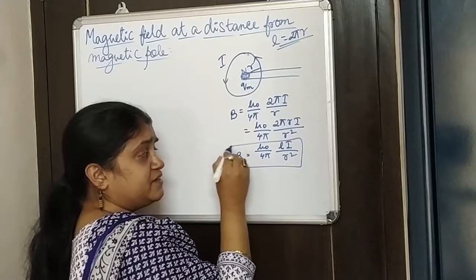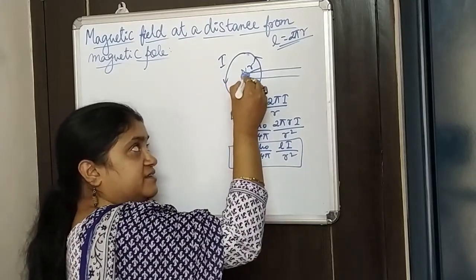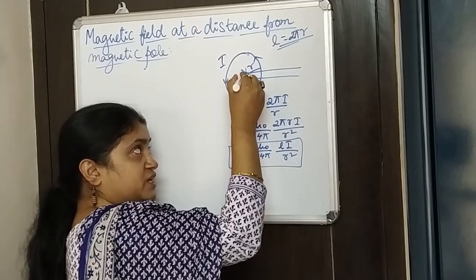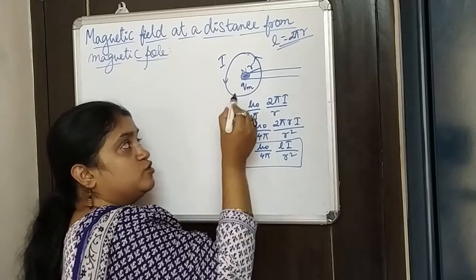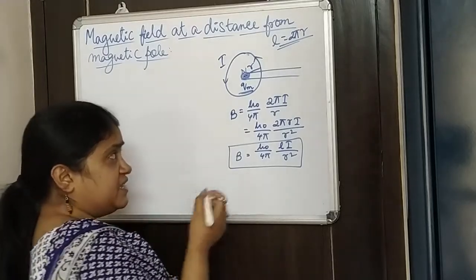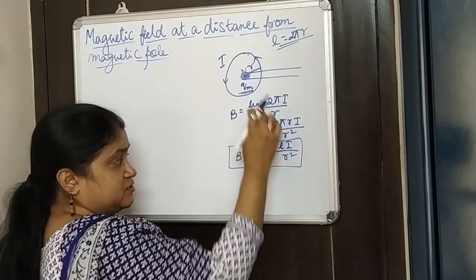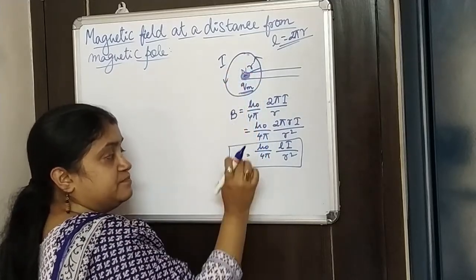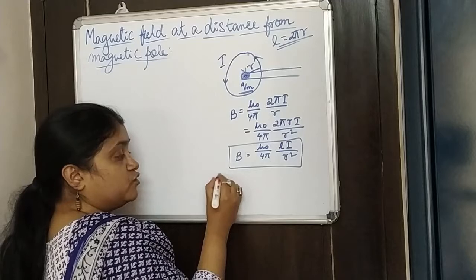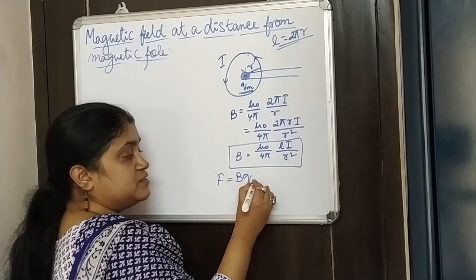So this is the magnetic field due to this current loop, and at the center we have imagined a north pole with a pole strength Qm. As we know, if this north pole is kept in the magnetic field B, it will feel a force F, which is the magnetic field B into the pole strength.